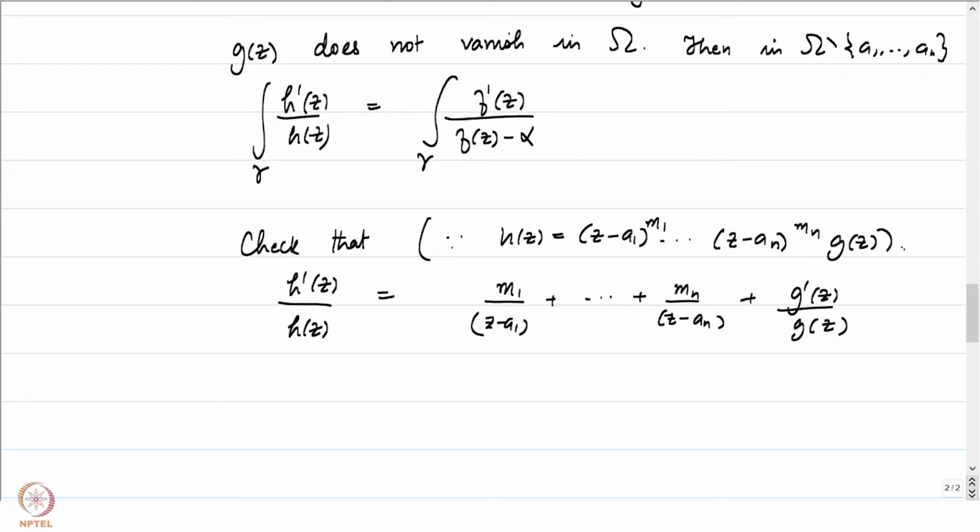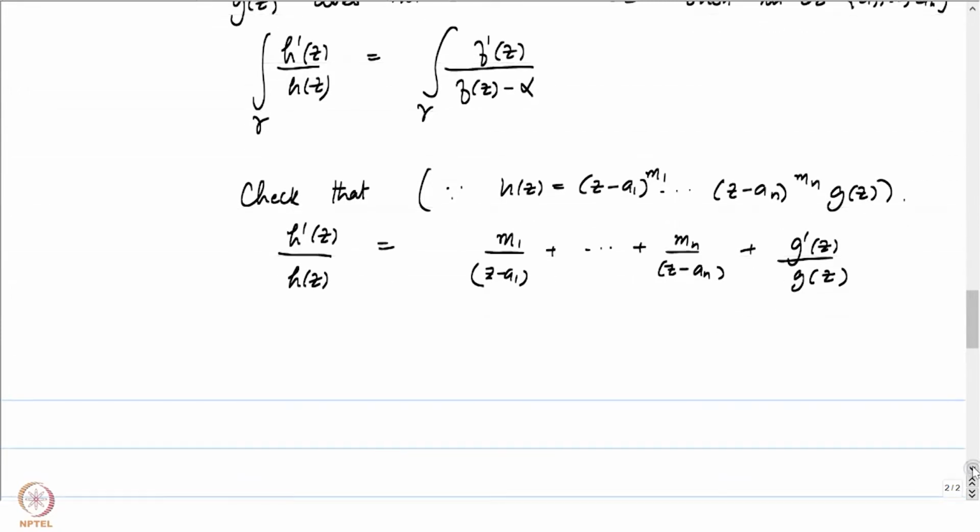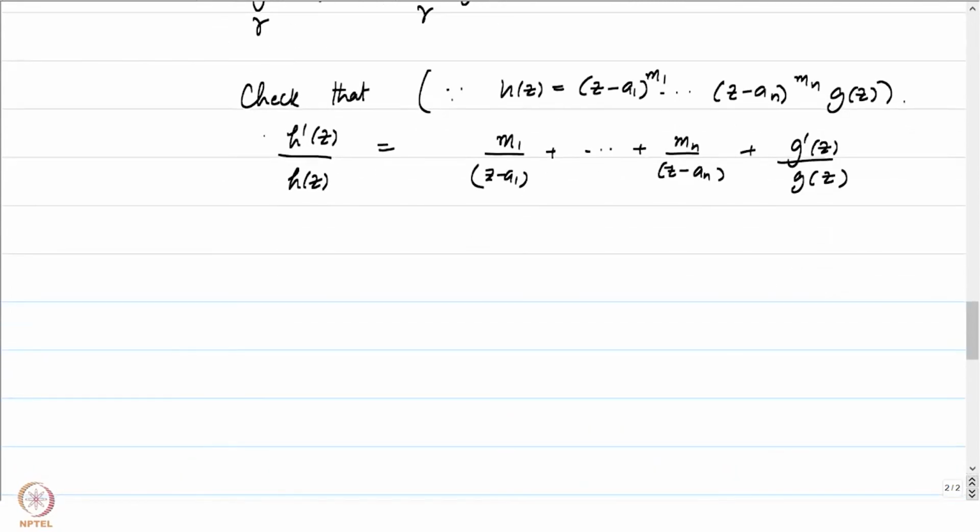This is exactly what tells us that our function h prime of z by h of z looks like this. Now, because we have this, if you look at this integral, 1 by 2 pi i times the integral over gamma of this function, this is going to be the integral of the thing inside the bracket over gamma.